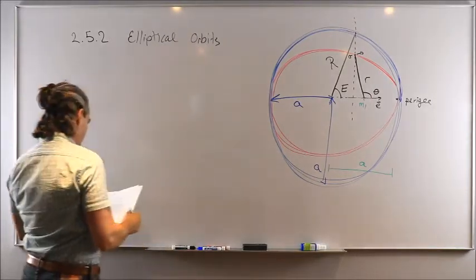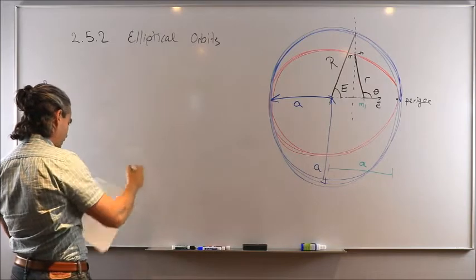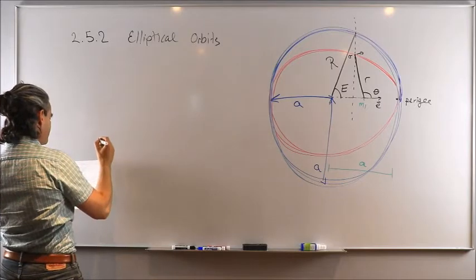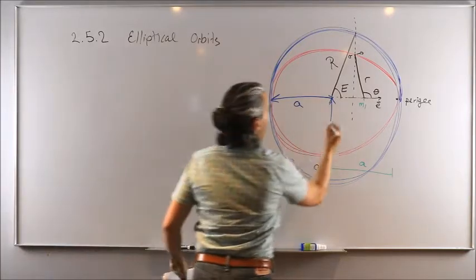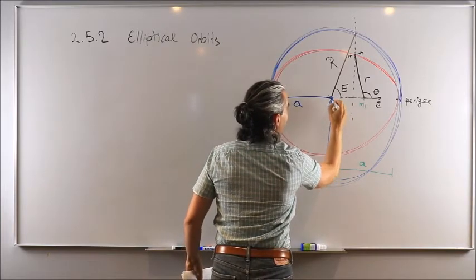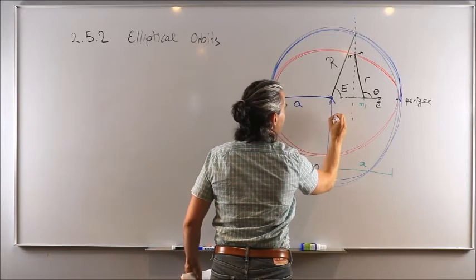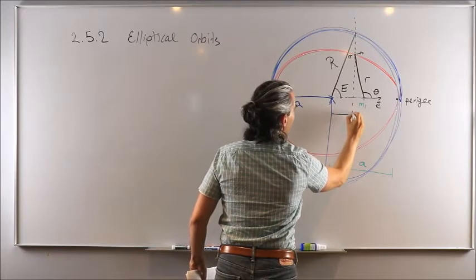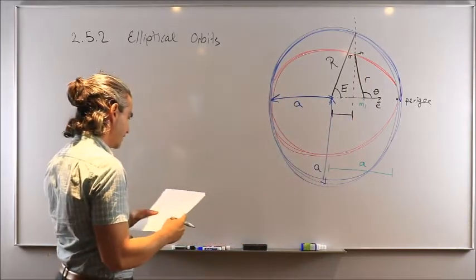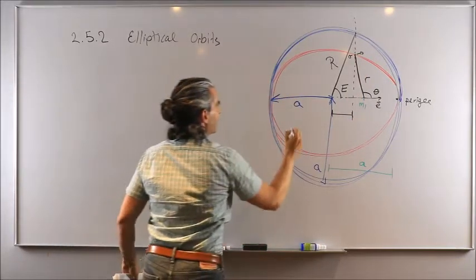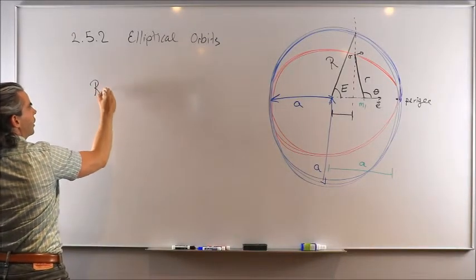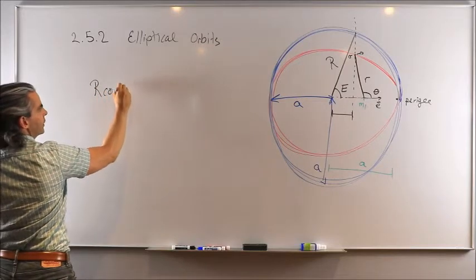Okay? So what we're going to do first is to have a look at the geometry of the problem here. And we're going to say that this side here, from the center of the ellipse all the way to where the vertical line intersects the major axis, is actually capital R cos eccentric anomaly.